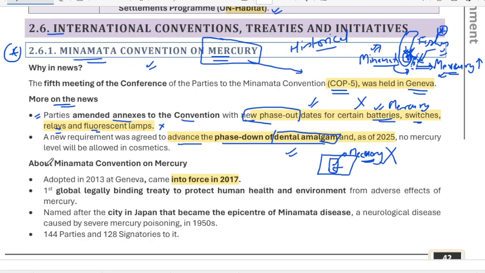Now, what about the Minamata Convention? It was adopted in 2013 in Geneva and came into force in 2017, so it is a very recent happening. It is a global legally binding treaty. It was named after the city in Japan which became the epicenter of Minamata disease, which I have already told you about. What is Minamata disease? It is a neurological disease; it causes issues with the brain.